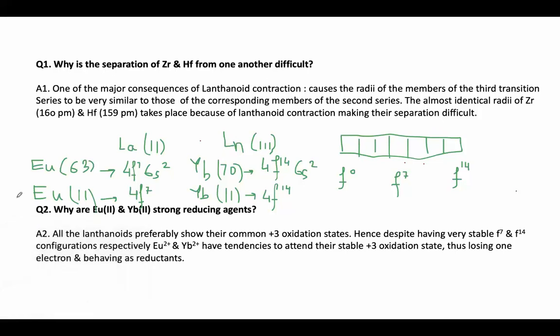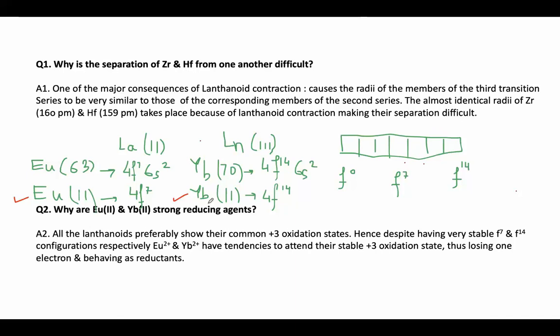First one is europium-2, which has 4f7, the half-filled electronic configuration, that is stable. And second one is ytterbium-2, which has the fully filled f subshell, that is 4f14.